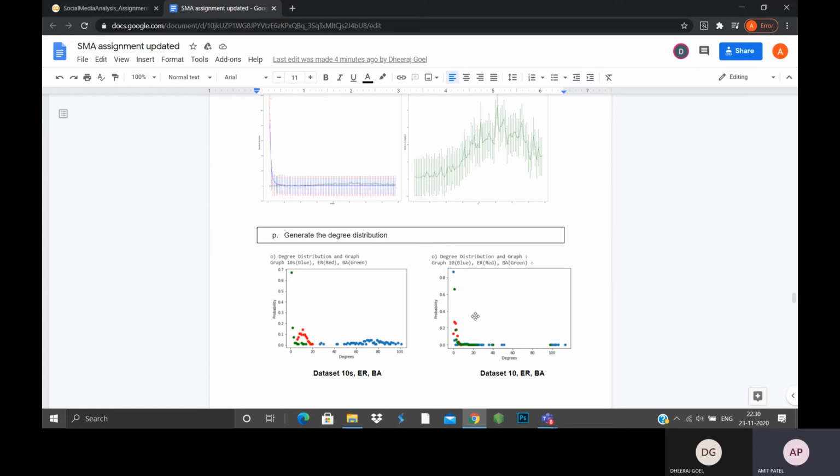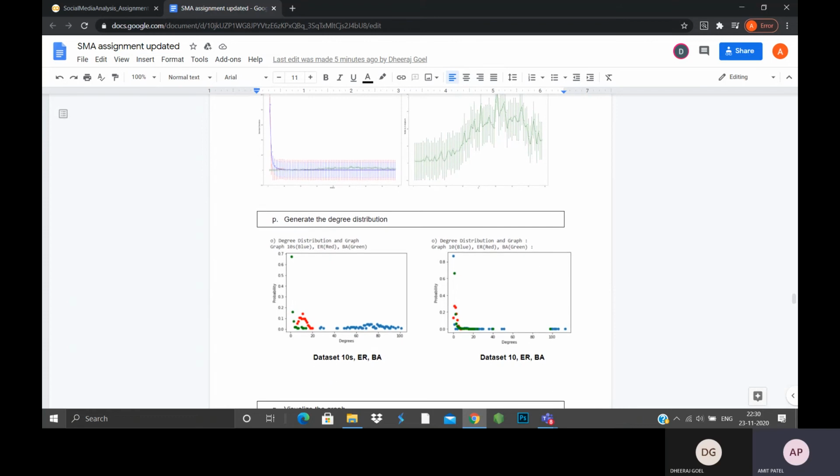For the ER graph, it's showing a distribution close to binomial, meaning a bell curve kind of distribution. And later our blue graph is also showing some exponential distribution, which is better. It is tending to the BA model, meaning our data set is tending to the BA model, right? And this can be seen easily from this graph.